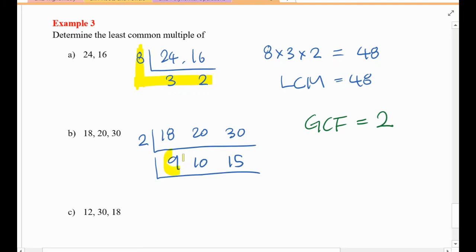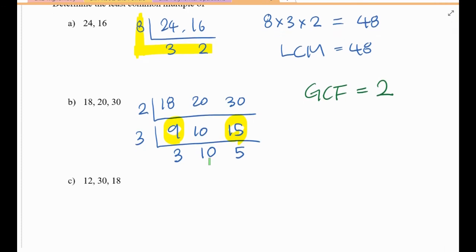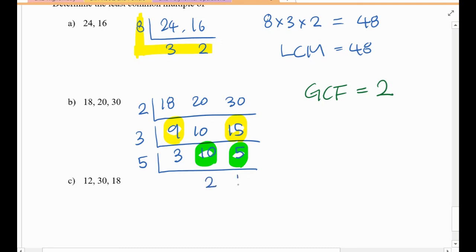So 9 and 15 has a common factor 3. So 9 divided by 3 is 3. 15 divided by 3 is 5. 10, we don't divide 10 because it's not divisible by 3, so we just write down 10. And 10 and 5, they have common factor. So we divide both numbers by 5. 10 and 5 divided by 5 is 2 and 1. 3 is not divisible by 5.